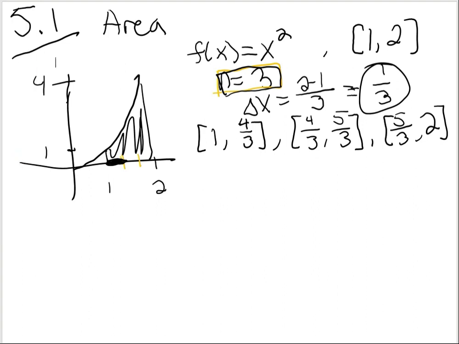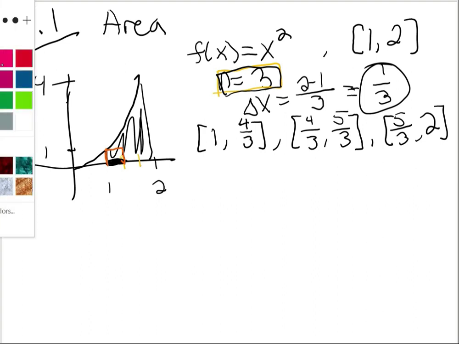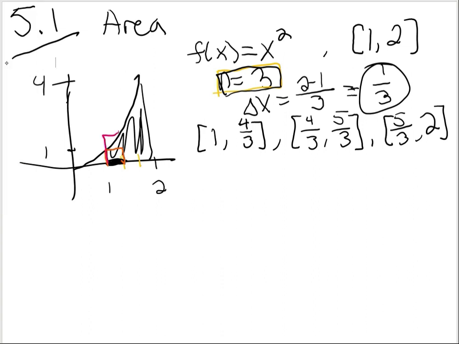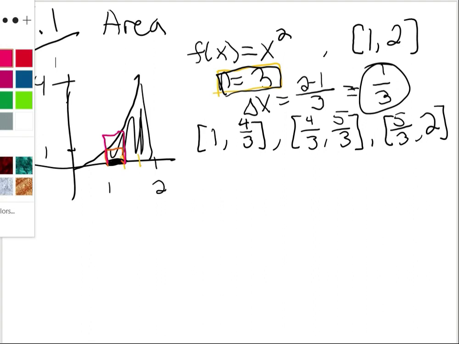Now, the easiest way to approach this is to say, well, I can either make the rectangles on each of these intervals use the left endpoint for its height, or the right endpoint for its height. And which one do I want to use?